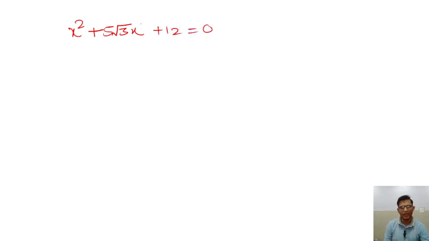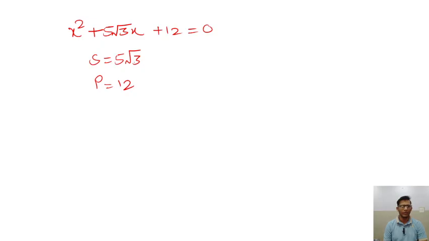Now there is no need to panic. We get here root 3, and root 3 is disturbing you, I know that. Okay, but there is no need to worry. Now you can just write sum as 5 root 3 and product as 12.